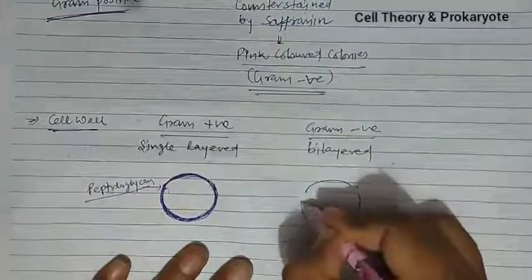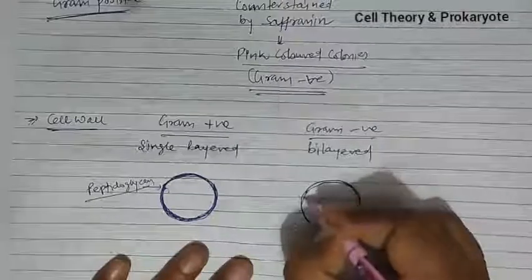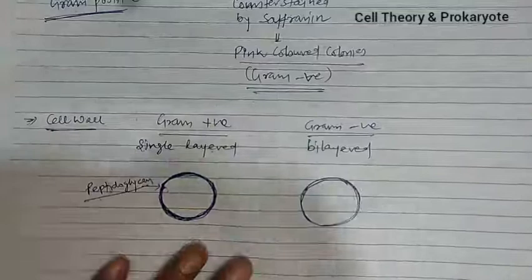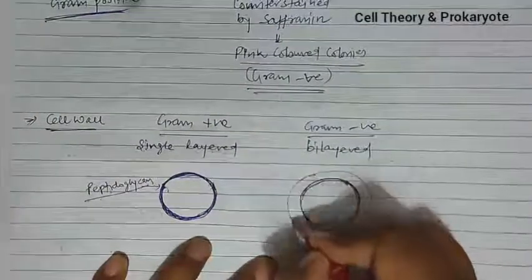In gram negative it is bilayered: they have an inner layer and an outer layer.